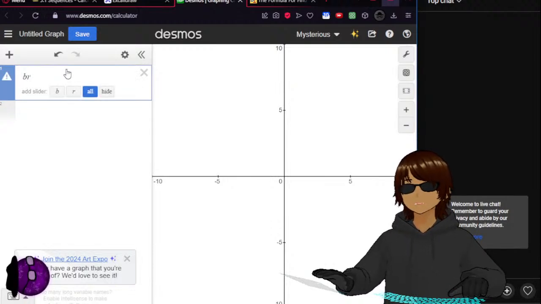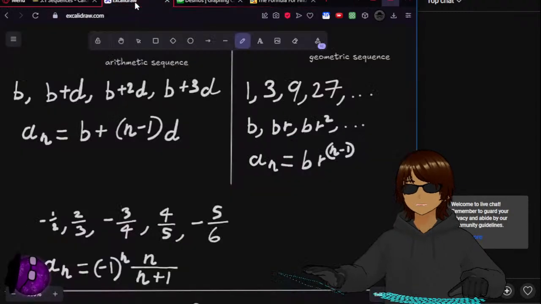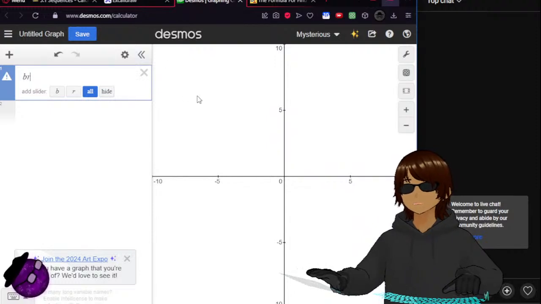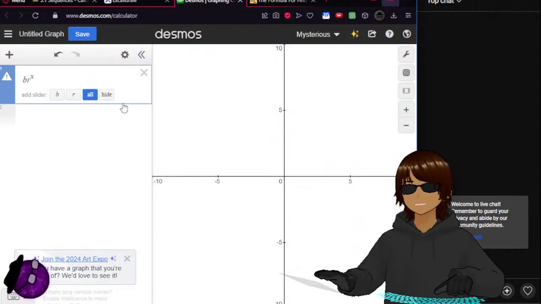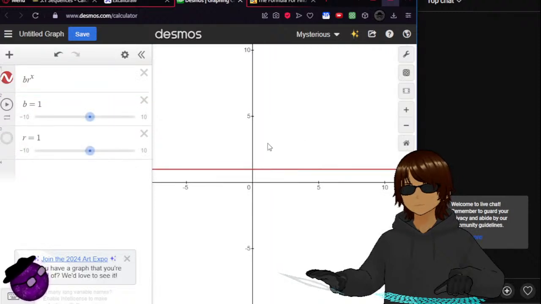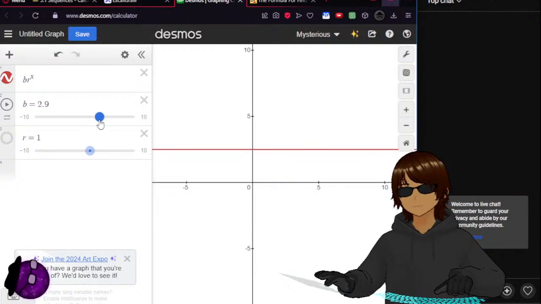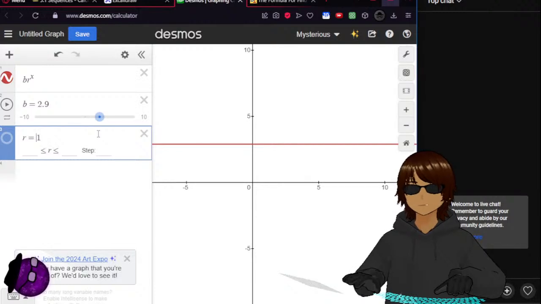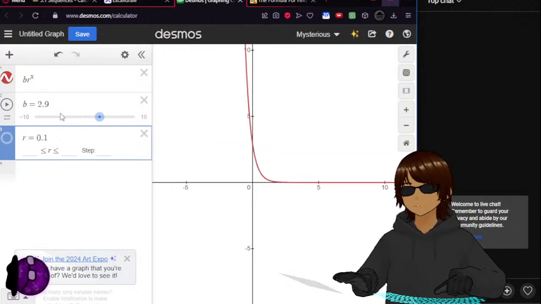Let's say b times r to the power of x. Let's say the first term is 5 and r is 0.1.